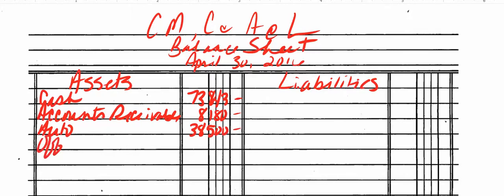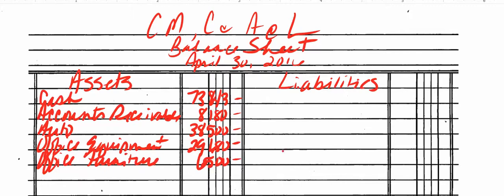Our office equipment is $29,680. Office furniture, $6,500. So our total assets, $156,703.